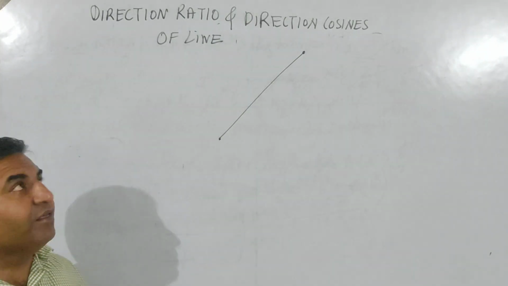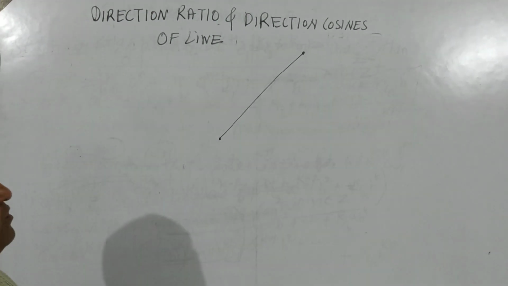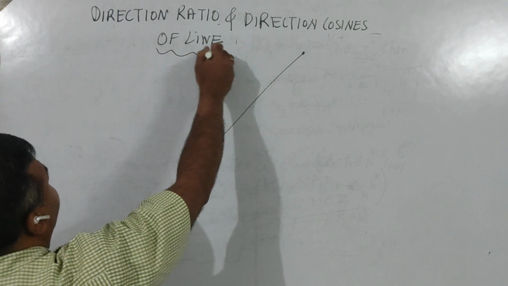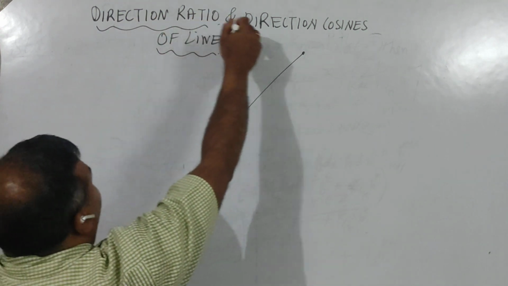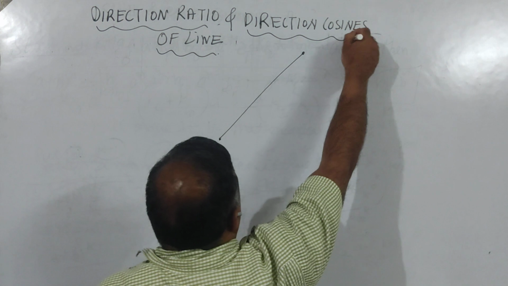Now today we will learn direction ratio and direction cosines of a line, which is also similar to a vector.